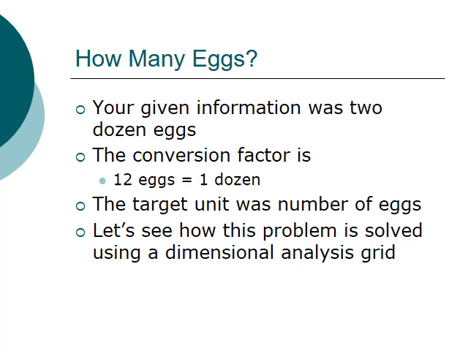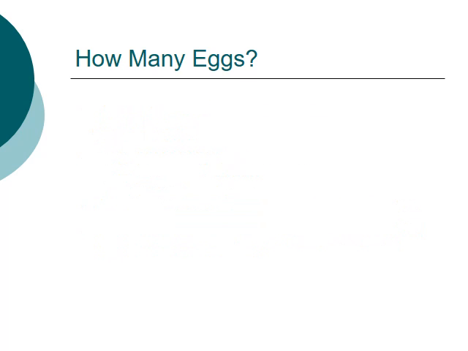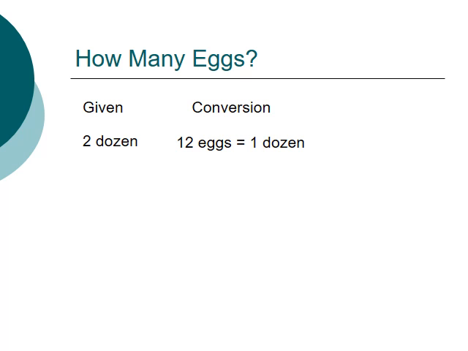So what you want to do is take your given information and the conversion, and come up with your target. Let's set this up using a dimensional analysis grid. Given, 2 dozen. The conversion factor, 12 eggs equal 1 dozen. Finally, our target unit is number of eggs.